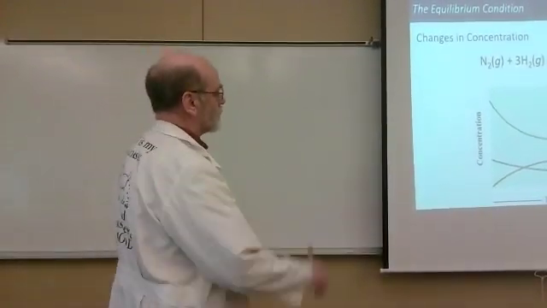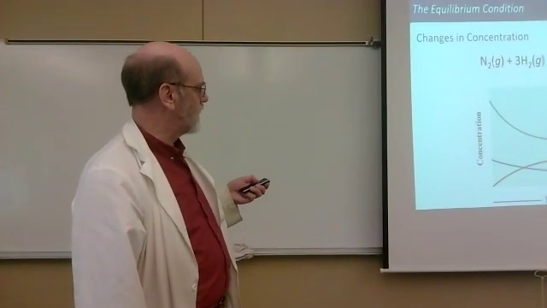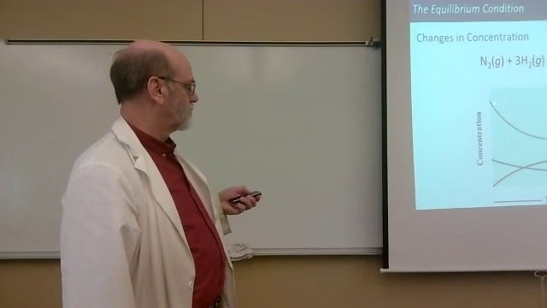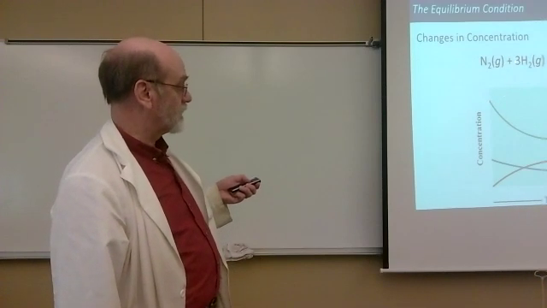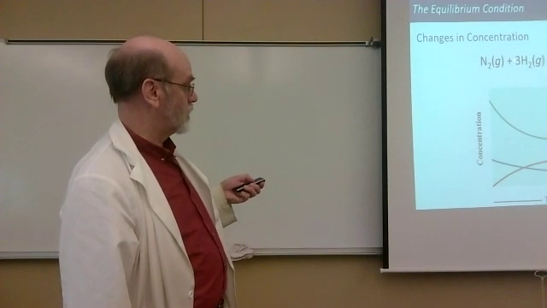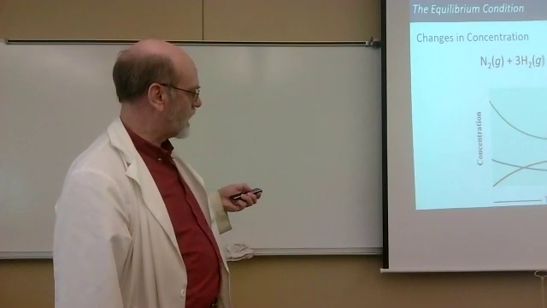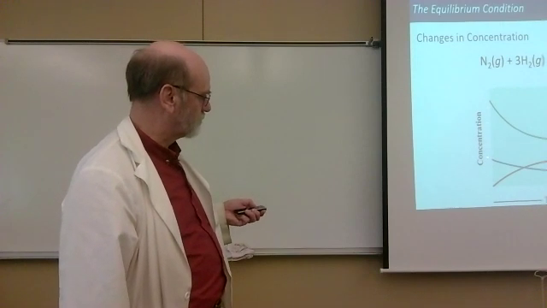Okay. So for this reaction, the Haber-Bosch, nitrogen and hydrogen combine to form ammonia. You start off with a 3-to-1 ratio of hydrogen to nitrogen. So we have three times as much hydrogen here as you do nitrogen.